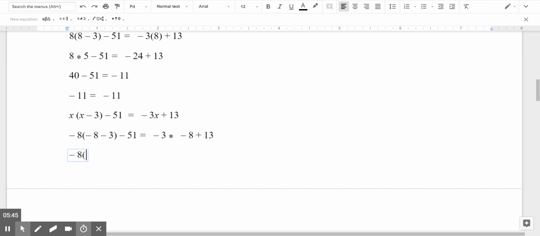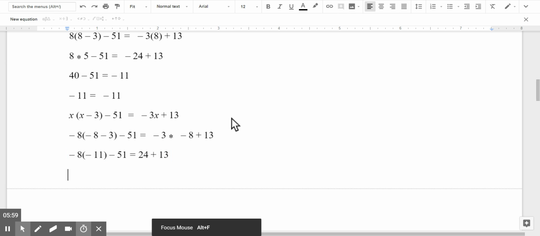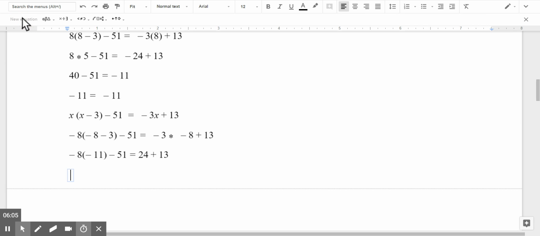We've got negative 8 times, and then negative 8 minus 3 is negative 11, minus 51, equals negative 3 times negative 8. That's a positive 24 plus 13. When I simplify the left-hand side, negative 8 times negative 11 is positive 88 minus 51. And that's going to be equal to 24 plus 13 if negative 8 is in fact a solution.